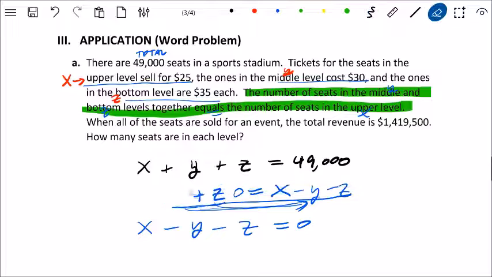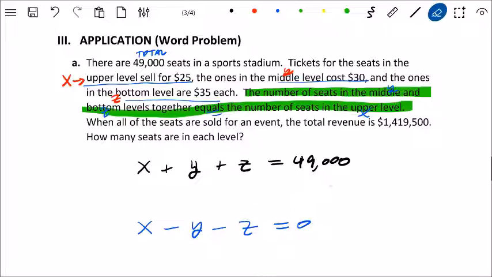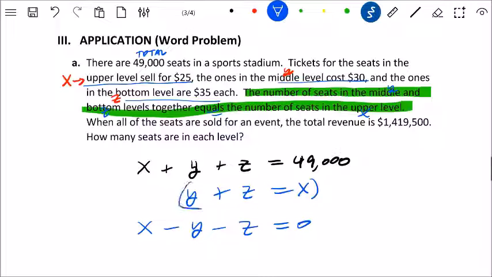I think I'm going to erase all of that to make it a little neater. Y plus Z is equal to X, but put that in parentheses. We know that we're not using this anymore, but it's what we used to get the second equation.